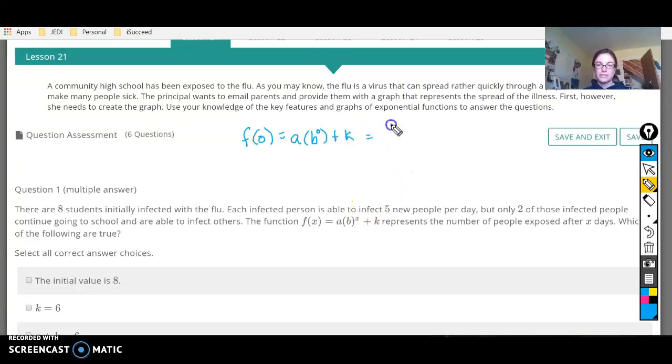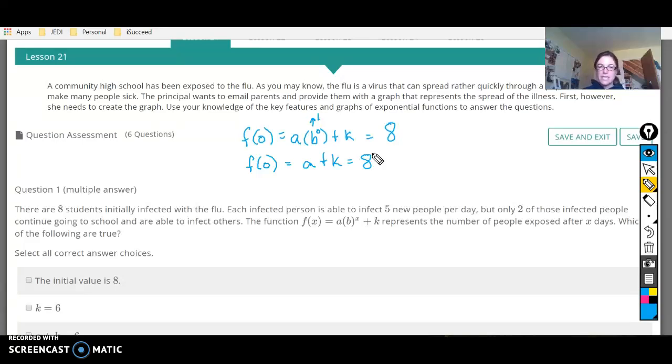And we also know that this equals 8. Anything to the 0 power, we should remember, is 1. So now I know that f at 0 is going to be equal to a times 1, which is a, plus k, which is 8. Okay, so that is a really good first step.